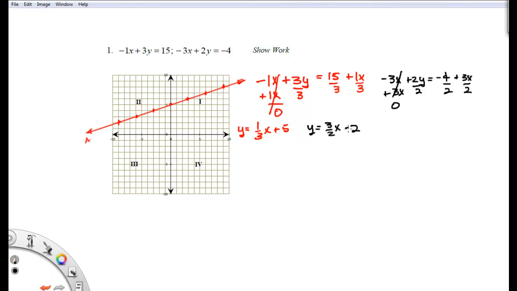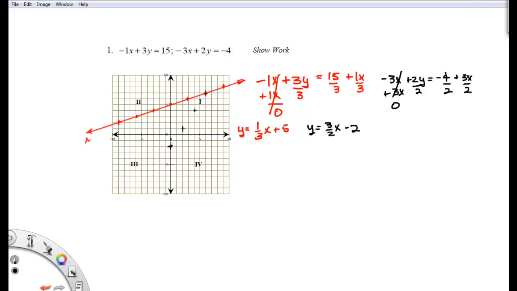So I start at negative 2. This is a positive slope where I go up 3, right 2. So 3 squares up, 2 squares over, 3 squares up, 2 squares over, 3 squares up, 2 squares over. That's where the two lines intersect right there at that point.